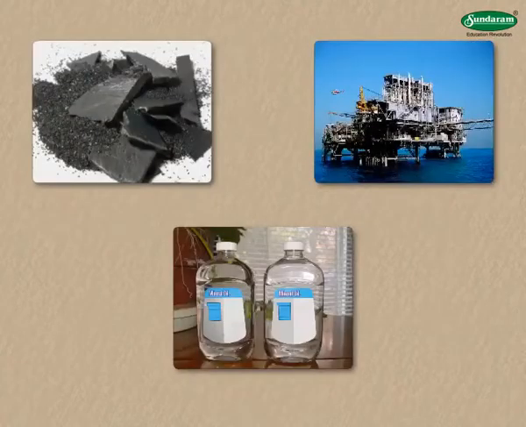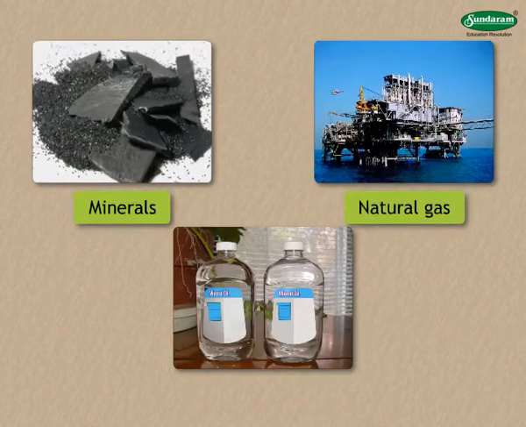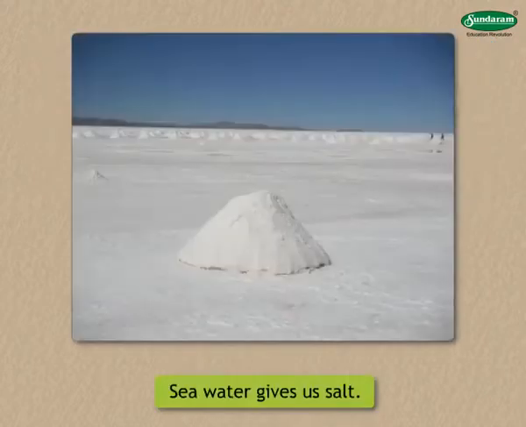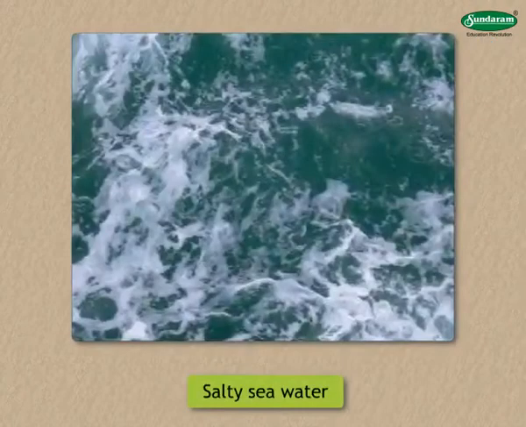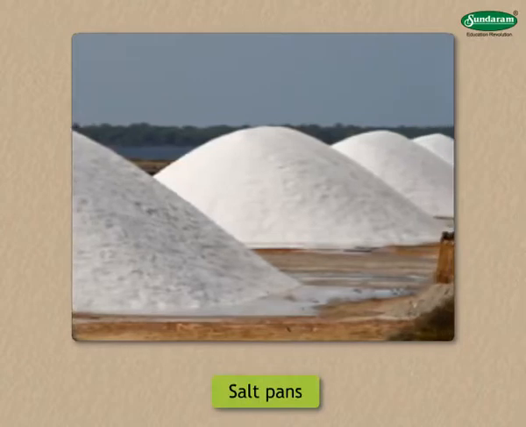Other treasures from the sea are the minerals found on the seabed in a pure form, natural gas and mineral oil found under the seabed, and salt from the sea water. The salty sea water gives us salt; we have salt pans that produce salt in plenty.